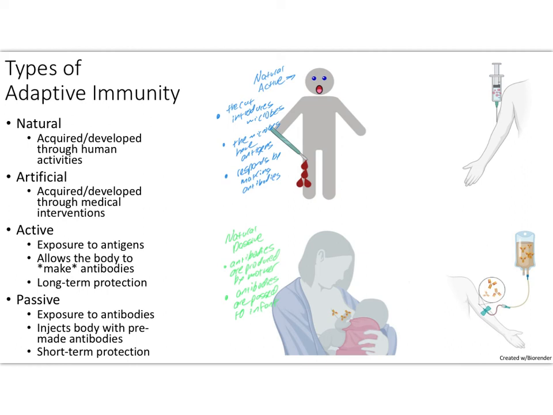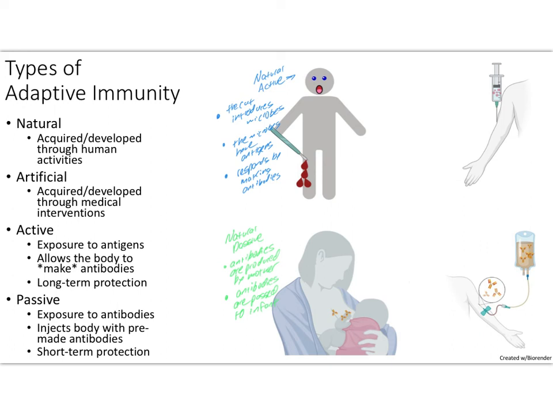They are not being exposed to an antigen and are therefore not going to produce the antibodies. They are just being given pre-made antibodies to help protect them. Because those antibodies are pre-made and they don't have to make them themselves, it lasts a relatively short amount of time. So a couple months maybe would be the longest that type of immunity would last.